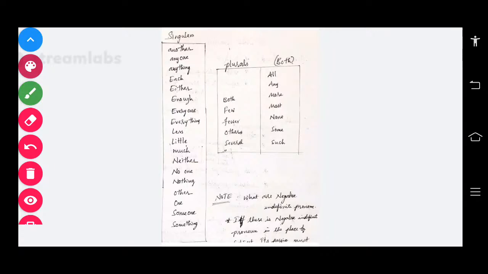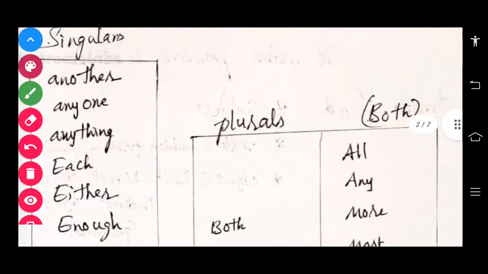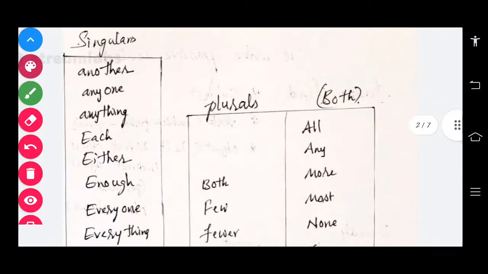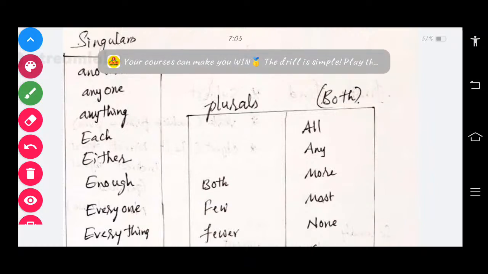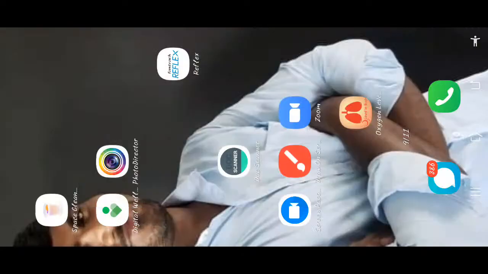See, here first we have to go with the singulars. So singular, another. Just a moment, I'll show you something.